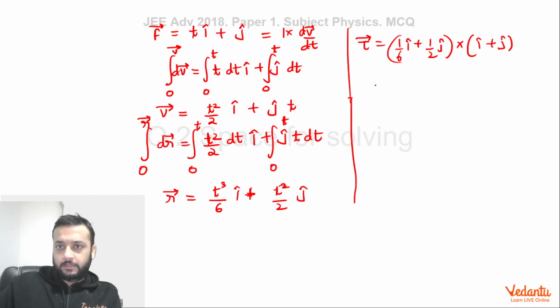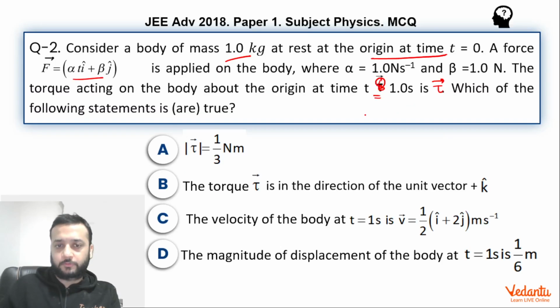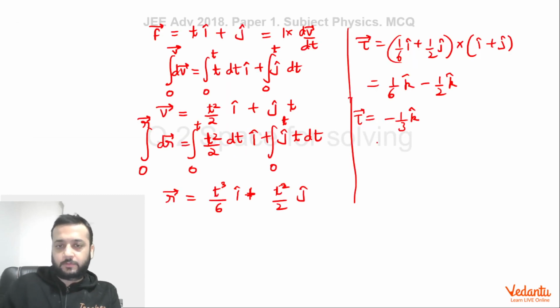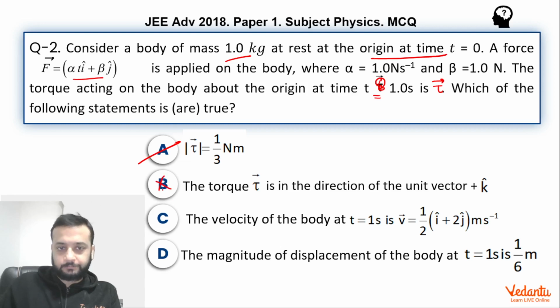If you do the maths, i cross i is 0, i cross j is k, so that becomes 1 by 6 k cap. j cross i is minus k, so that becomes minus half k cap, and j cross j is 0. So 1 by 6 minus 3 by 6 is minus 2 by 6, that means minus 1 by 3 k cap. This is the value of the torque. Going back to the options, the mod of torque is 1 by 3, which is correct. The direction of torque is not plus k cap because it is negative, so option B is wrong.